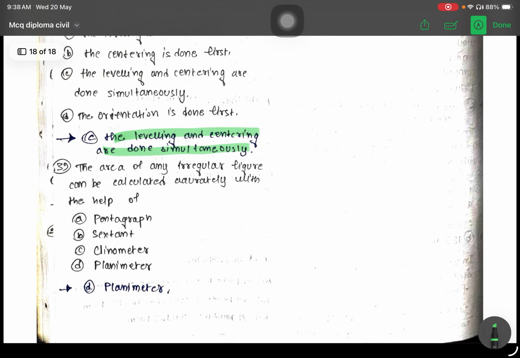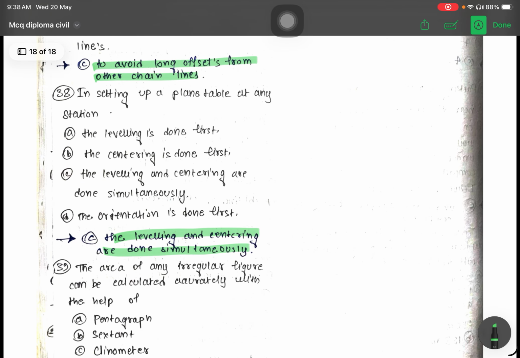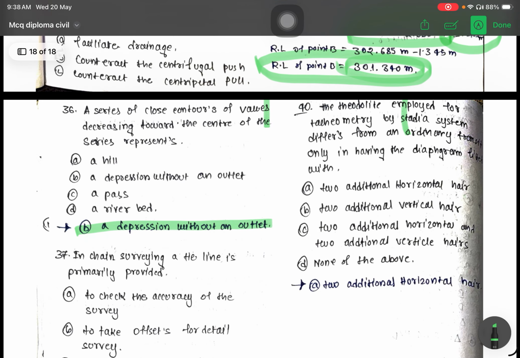The area of any irregular figure can be calculated accurately with a planimeter. The theodolite employed for tachymetry differs from an ordinary transit only in having the diaphragm fitted with two additional horizontal hairs.